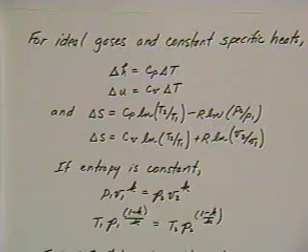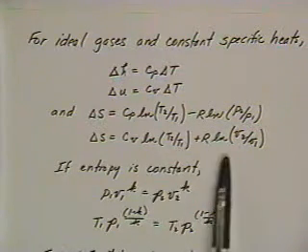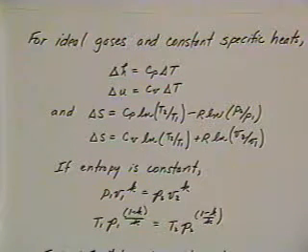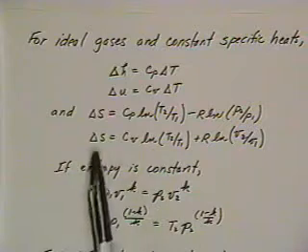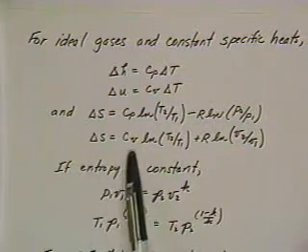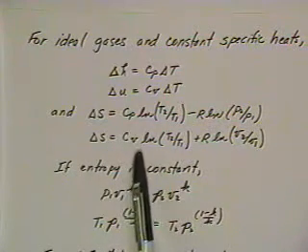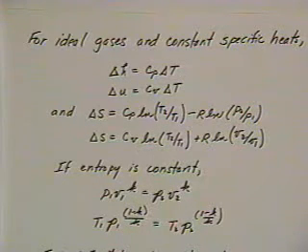In some problems, if pressure, for instance, is constant, or if volume is constant, you want to use the expression that will eliminate one of these terms and save you some calculation time on the exam. So change in entropy can also be determined from the specific heat at constant volume, Cv, times the ln of T2 over T1 plus R ln of V2 over V1.